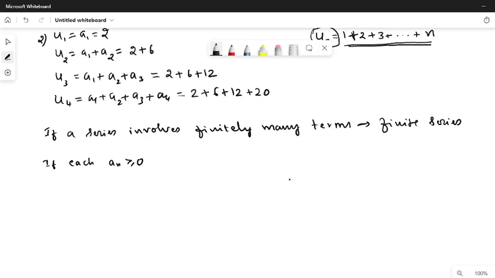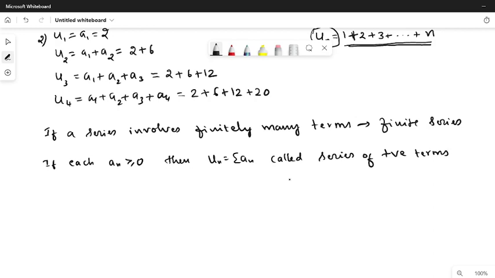Then the corresponding series u_n, that is summation a_n, is called a series of positive terms.